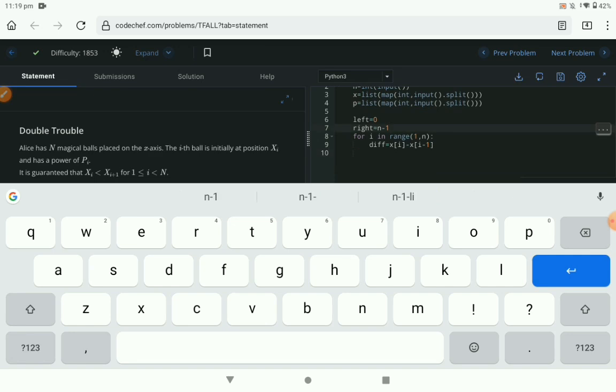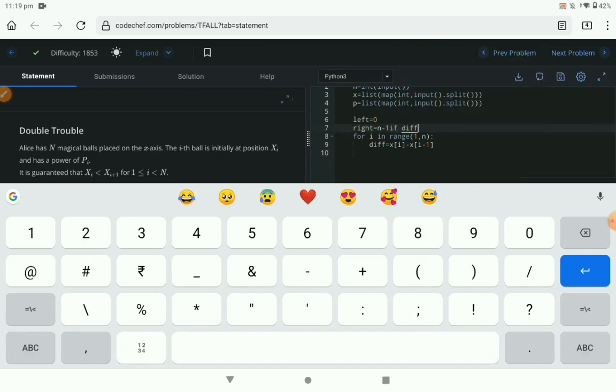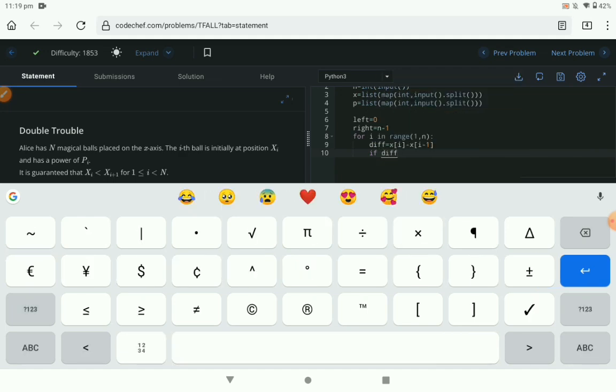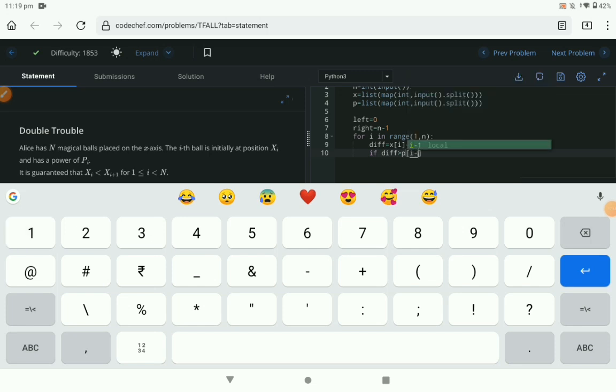You put the difference, and we will check if the difference is greater than the p of i minus 1.